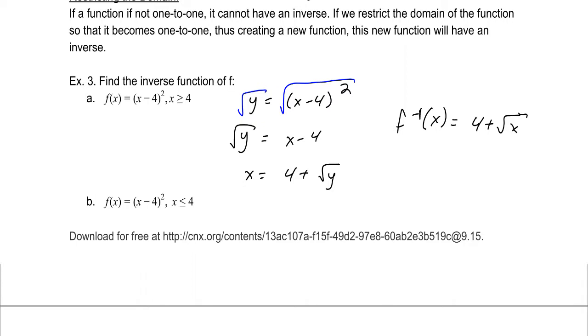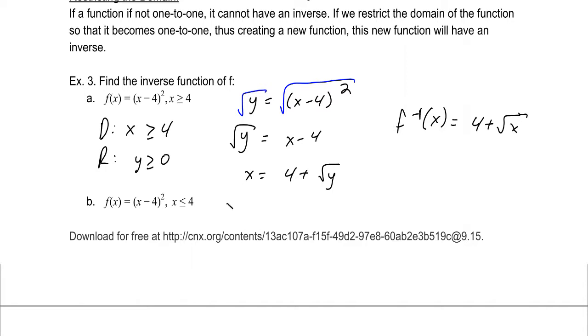Now for the second function, or this restricted domain, but a different restriction, what's going to change? Let's say the domain here was x greater than or equal to 4. The range, when you say it's greater than or equal to 4, is y greater than or equal to 0.